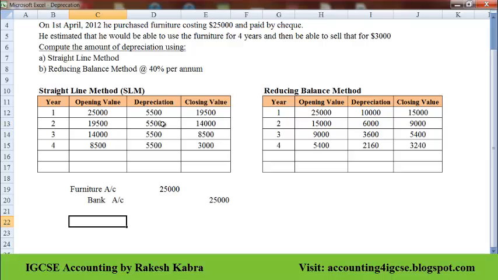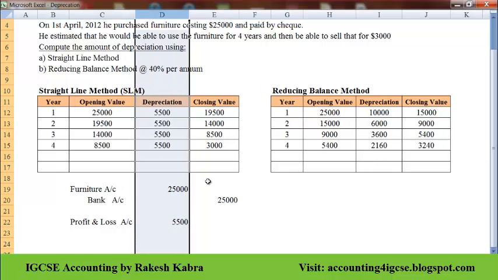So in place of the loss account I will debit profit and loss account with the amount of depreciation, $5,500.